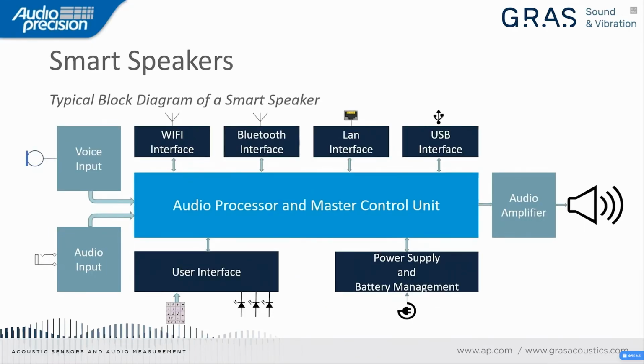If we look at a block diagram of a smart speaker, then it could look like this, where we have different interfaces. We could have a Wi-Fi interface, a Bluetooth interface, a cable interface with LAN, and a USB cable interface as well.